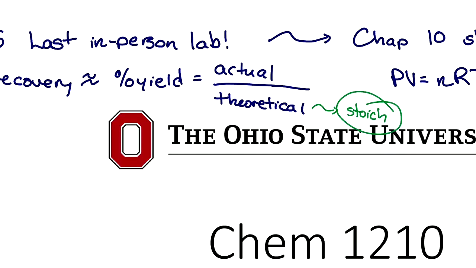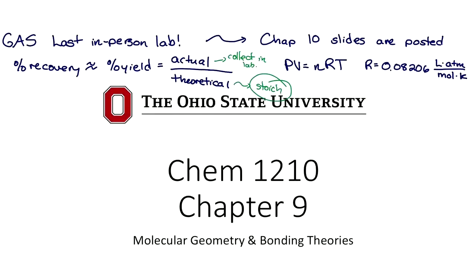That's your actual yield. This is what you actually collect in lab using that apparatus. And that's a certain percentage. You're not going to get 100% recovery because your thing's very janky. You're only going to get, let's say, 60% of the gas that's produced. So just think about it like percent yield.